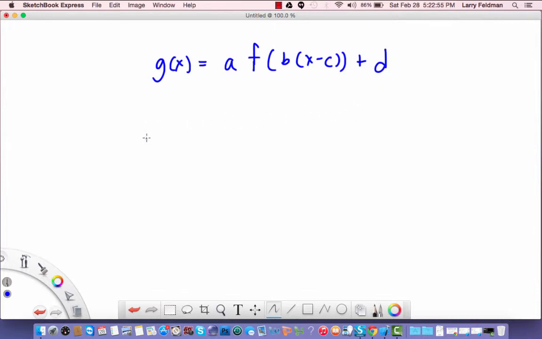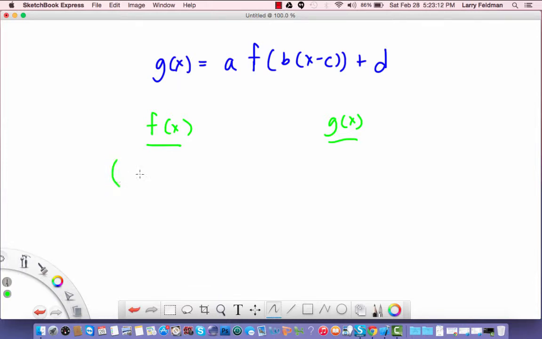And there's a really convenient way of figuring out how points on f of x transform to corresponding points on g of x. And I wanted to show you how to do that.